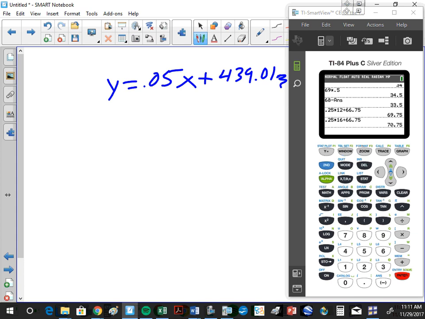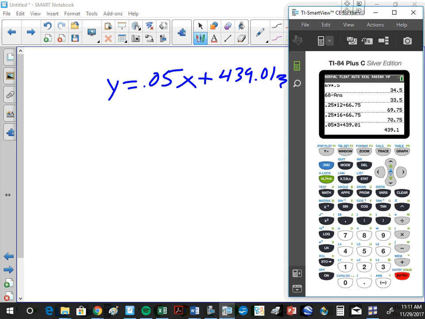So if we plug in 3 kilograms, 0.05 times 3 plus 439.01, we would expect the length to be 439.16.